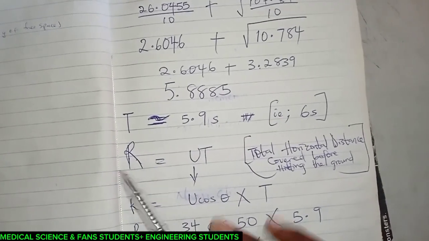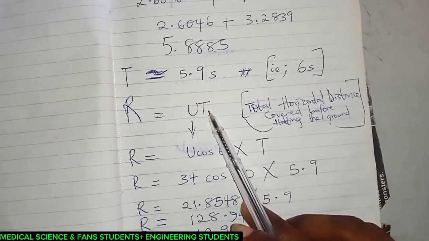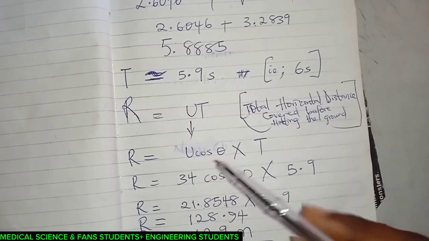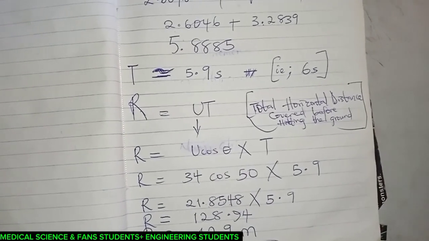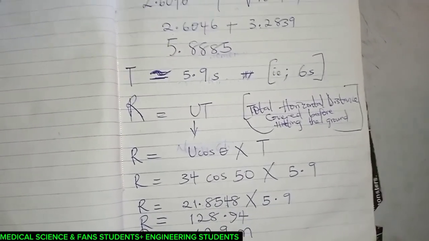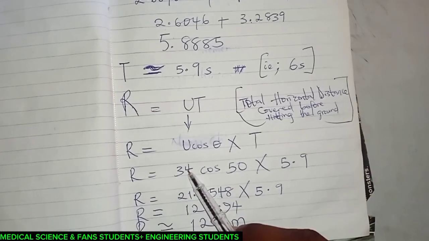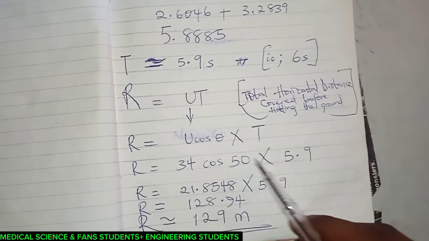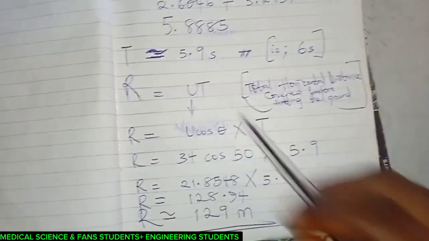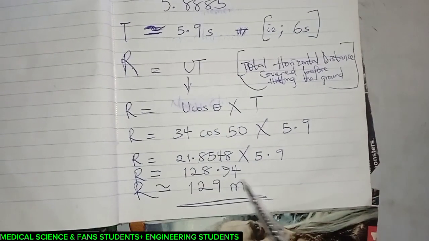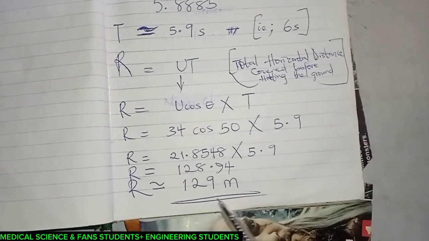So remember that range, horizontal distance, is ut, but the u here, whenever it is happening at an angle, will be given by the horizontal component, which is u cos theta, times the total time. So we now did 34 cos the angle given, 50, times the total time we got, which is 5.9. So when you multiply well, you get 129 meter.